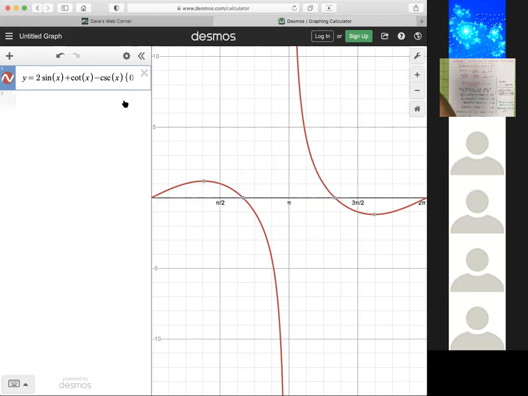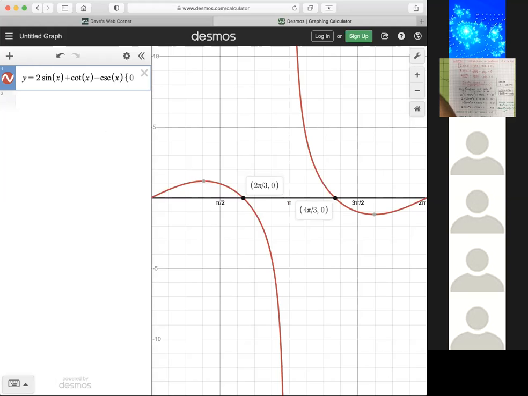And I'm kind of curious about how this looks. Here's from 0 to 2 pi. When does this equal 0? It certainly equals 0 here at 2 pi over 3 and 0. And it certainly equals 0 here at 4 pi over 3 and 0.